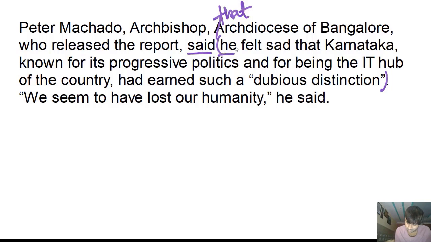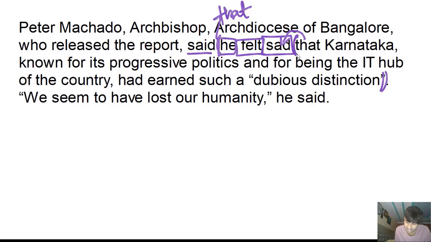Said that he, subject of the clause, felt, linking verb, stative verb: he felt sad. Sad is the subject complement, an adjective. Now this is another clause that is modifying the adjective sad. This entire piece, starting from that and ending at distinction, gives information about the adjective sad, justifying why he is sad.